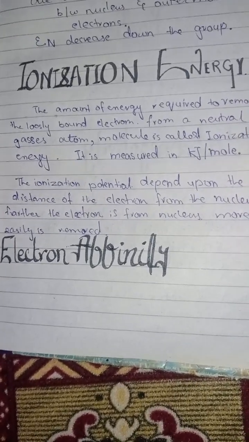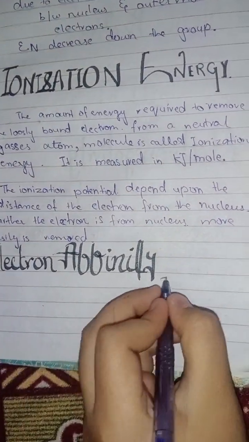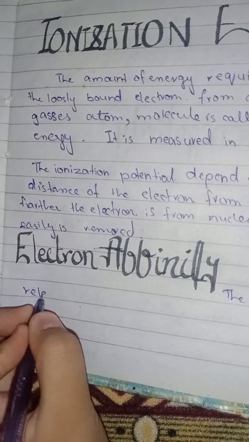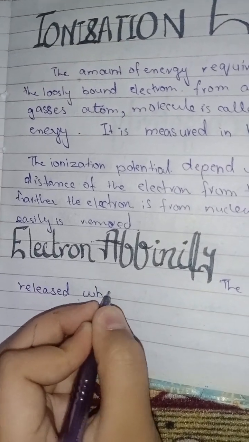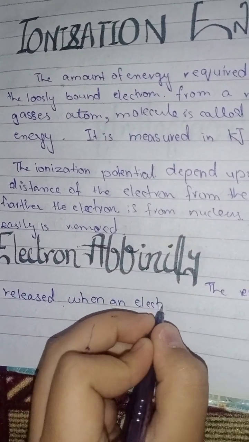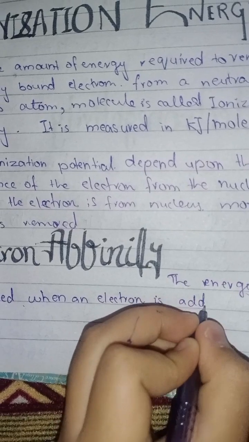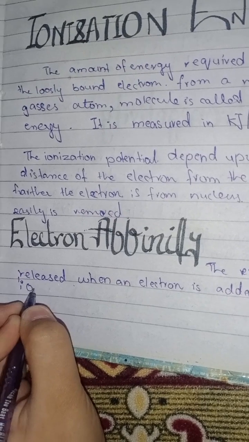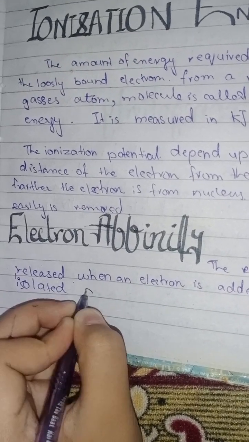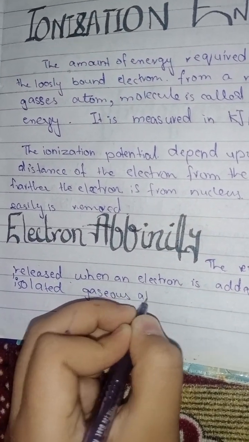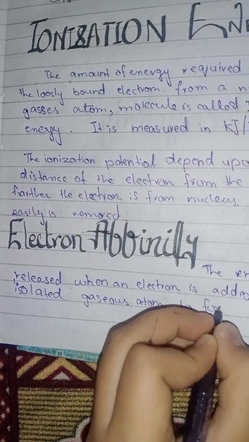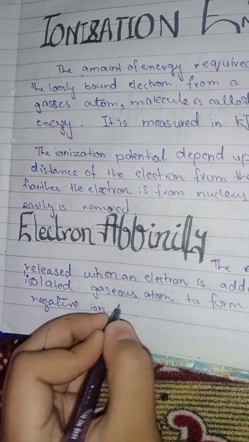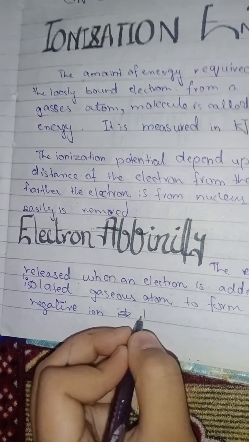Okay, so electron affinity is basically the energy released when an electron is added to an isolated gaseous atom to form the negative ion.